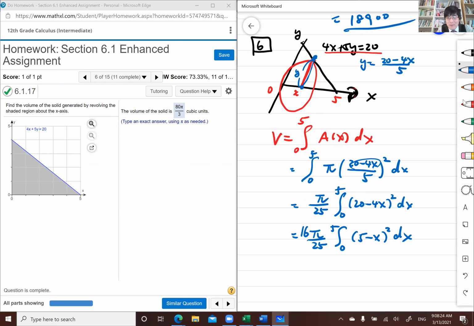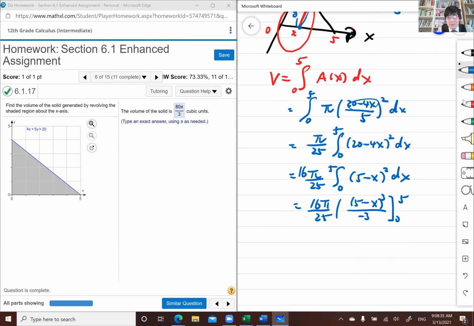Then you take an integral. So again, it's going to be like a negative 1/3 times (5 minus x) cubed, from 0 through 5. So it's going to be like the last problem, it's going to be 5 cubed. Okay, so simplify this, and you're going to get 80 pi over 3.